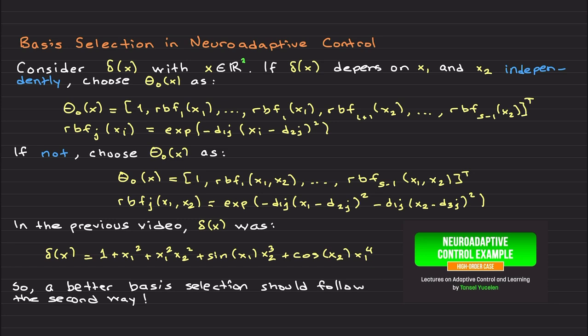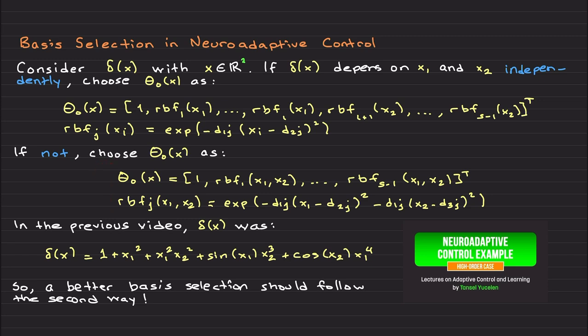What I want you to understand from this new lecture is that this is a better choice if you really have cross-coupling uncertainties. And since in general you will never know the structure, you should go with this selection.